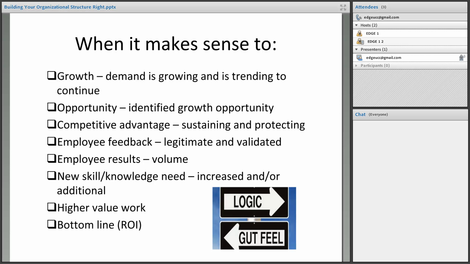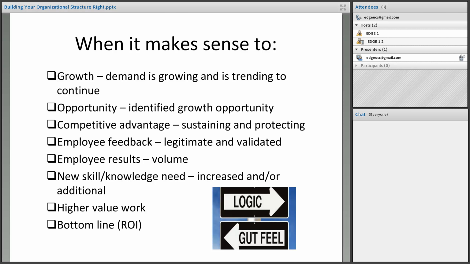Competitive advantage. So maybe you're an organization that is very aware of your competitive surroundings, and you want to make sure that you are maintaining your position and continuing to protect and grow versus the competition. So you may need to make changes to your organizational structure to adjust roles and to bring in new roles that are going to allow you to maintain, sustain, and protect your competitive edge.